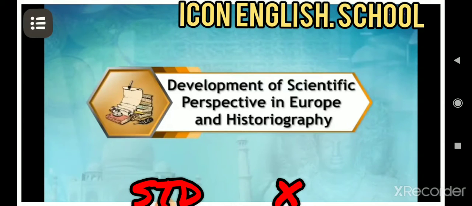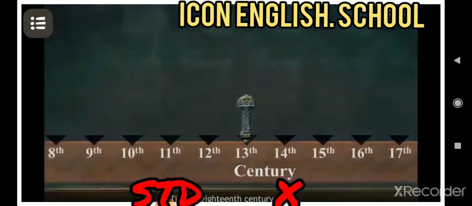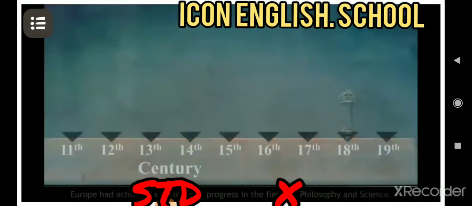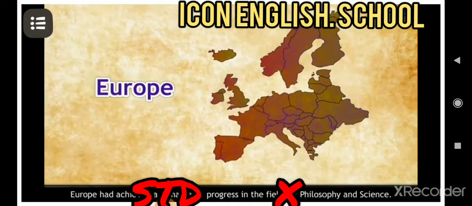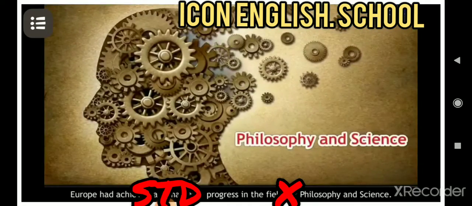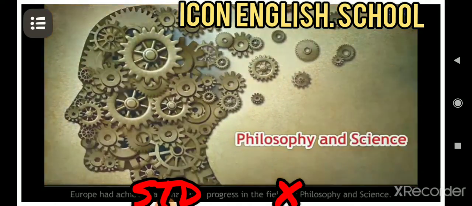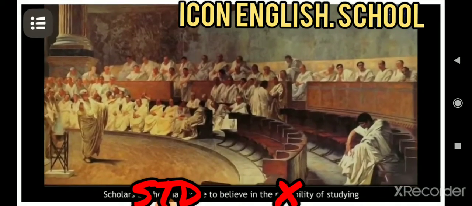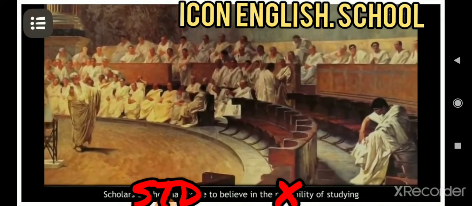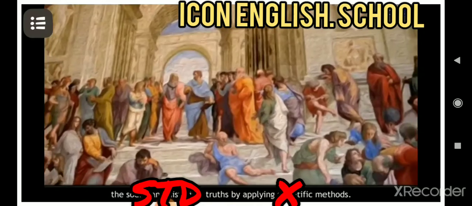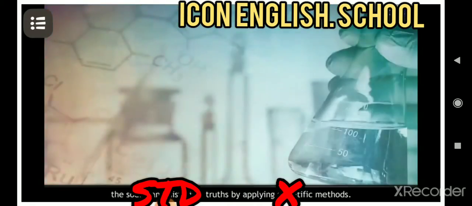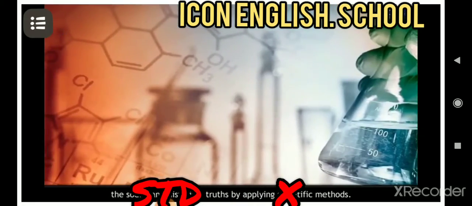Development of scientific perspective in Europe and historiography. Till the 18th century CE, Europe had achieved a remarkable progress in the fields of philosophy and science. Scholars by then had come to believe in the possibility of studying the social and historical truths by applying scientific methods.